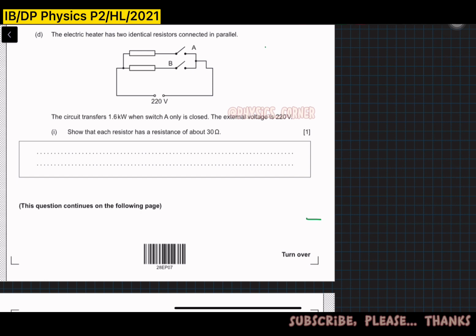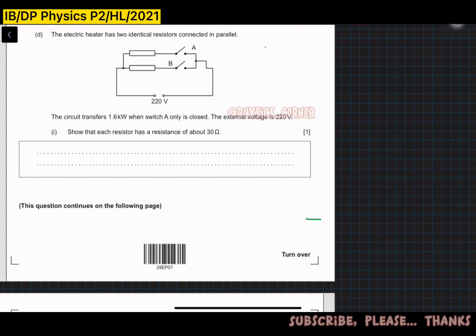The diagram shows that the circuit transfers 0.6 kilowatt when switch A only is closed. The external voltage is 220 volt. So the resistor has resistance about 30 ohms. About 30 ohms.